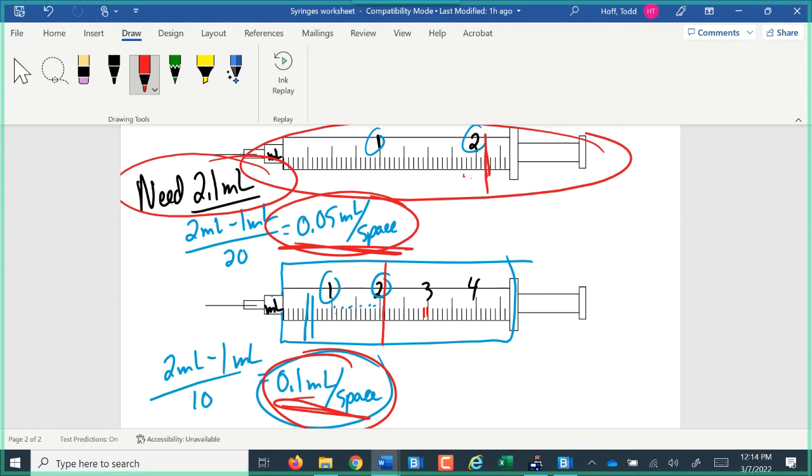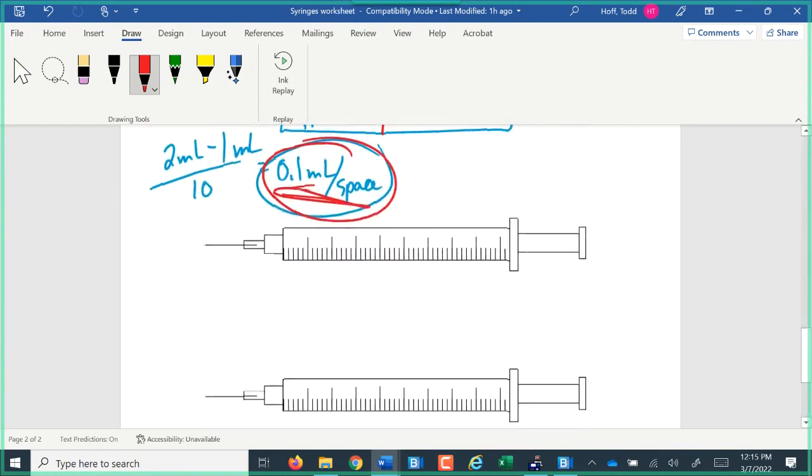So when we load up a medication in a syringe, we would like to use the smallest syringe possible that is still capable of holding the total volume necessary to administer to the patient. It's just for that reason of slight human error. If you're slightly off from being exactly on the mark, the narrower syringe is going to have less volume of error compared to the wider syringe.